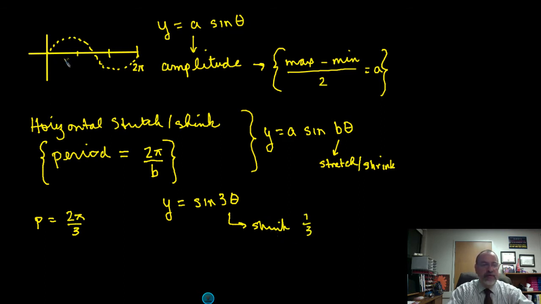And 2 pi over 3, if I took 2 pi, divided it into 3, the sine function then is going to repeat or complete its full cycle in just that 2 pi over 3 amount of time rather than the entire 2 pi. So you can see that this shrinks the period by a factor of 1/3.